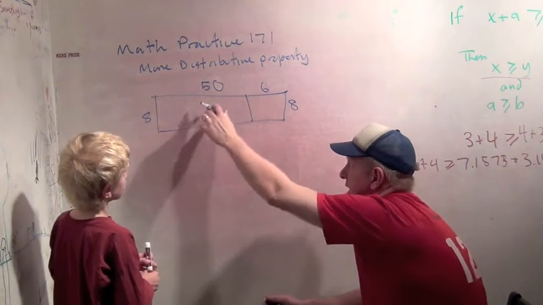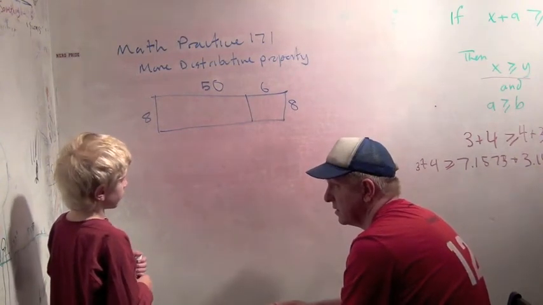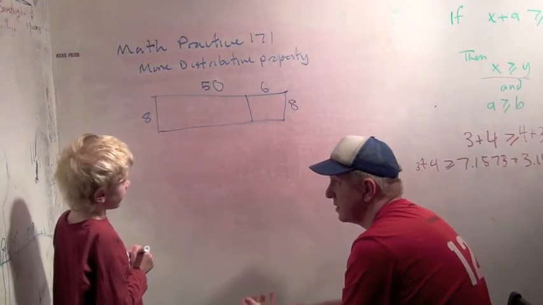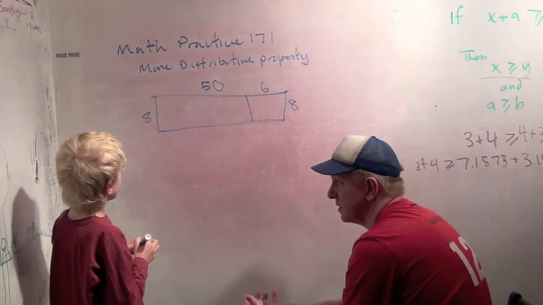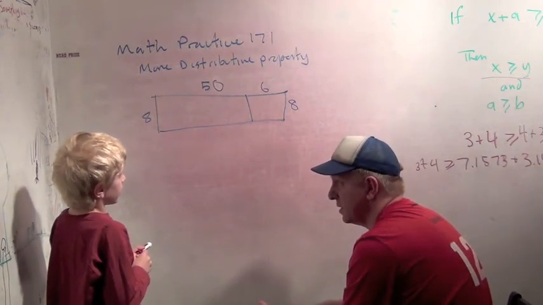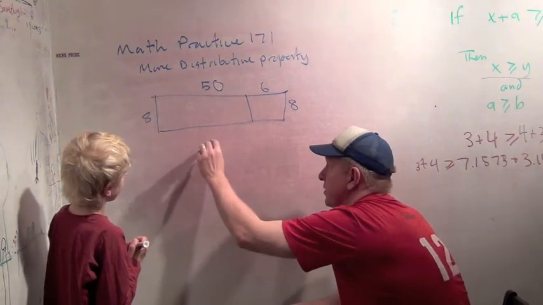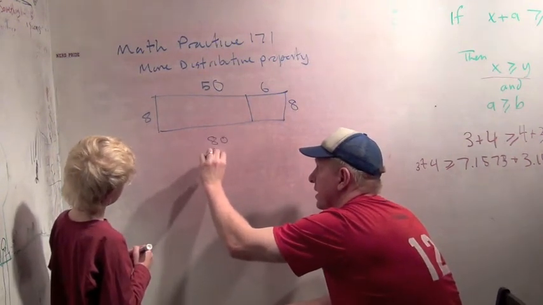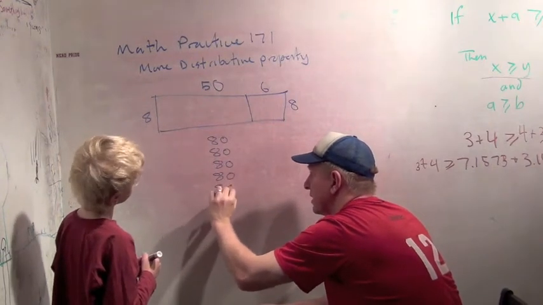Okay, so how big is the rectangle whose side is 8 and 50? Well, it's 8 times 10 five times. That's right. So 8 times 10 is 80. Okay, I'm going to write it down. 80 plus 80 plus 80 plus 80 plus 80.